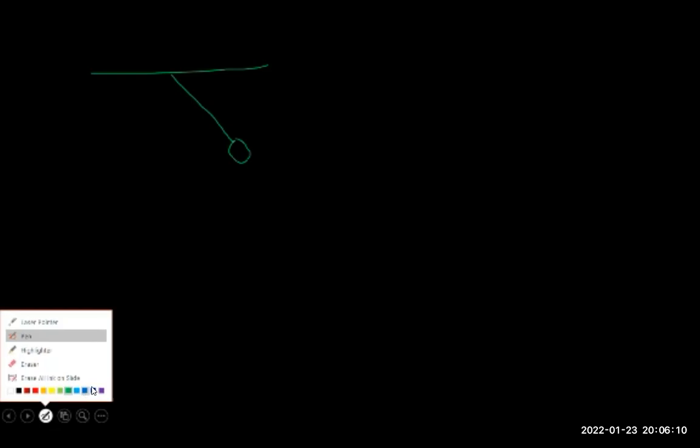Anybody who does physics, do you know about the pendulum? Yes, miss. Gosh, you don't sound too sure then. A pendulum is this thing with a string and a mass at the end, and it swings, it oscillates.